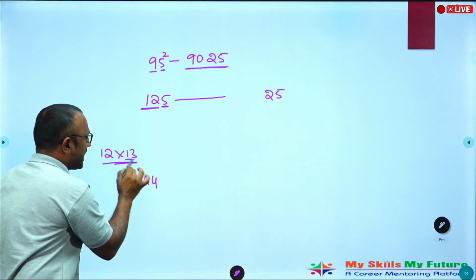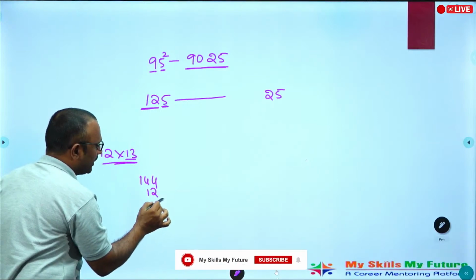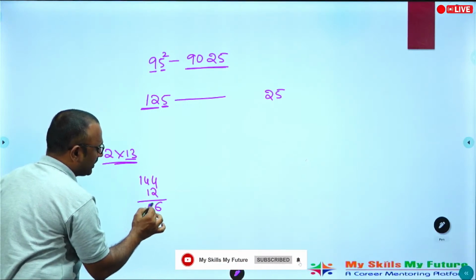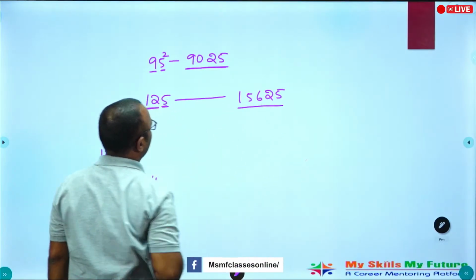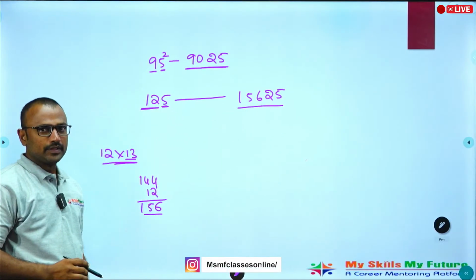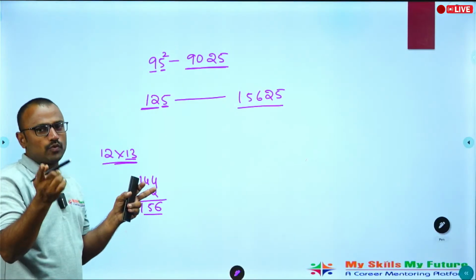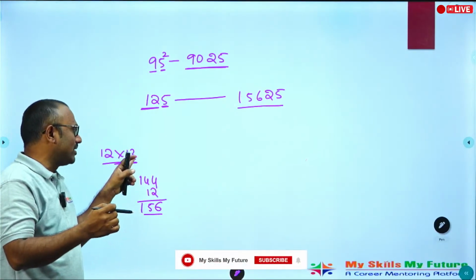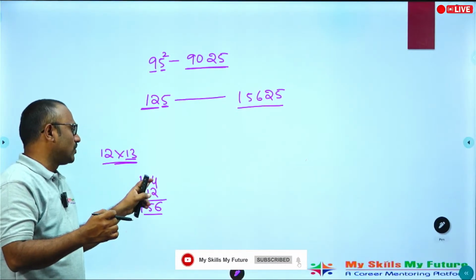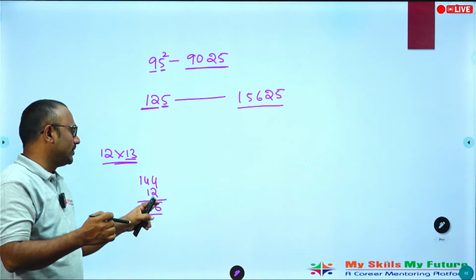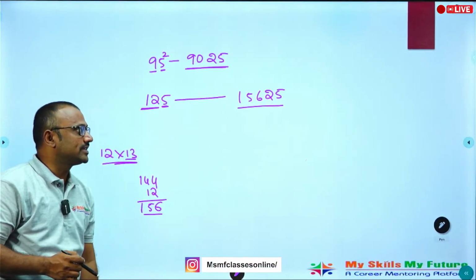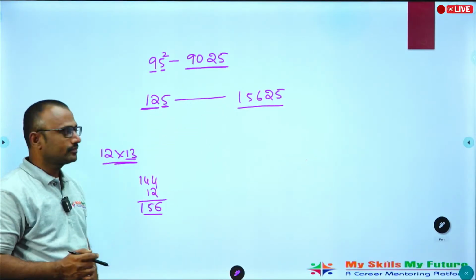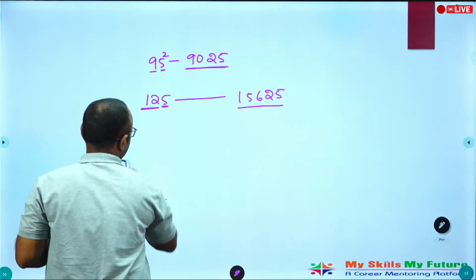Just add one more 12 here: 144 plus 12 we get 156. So 125 square is 15625.